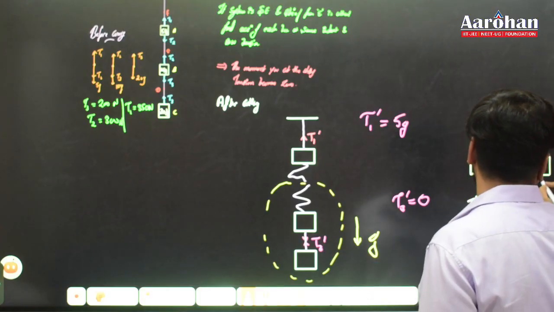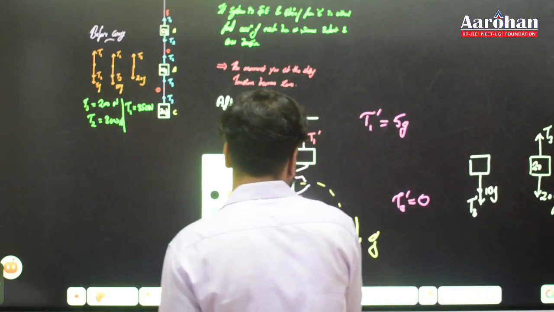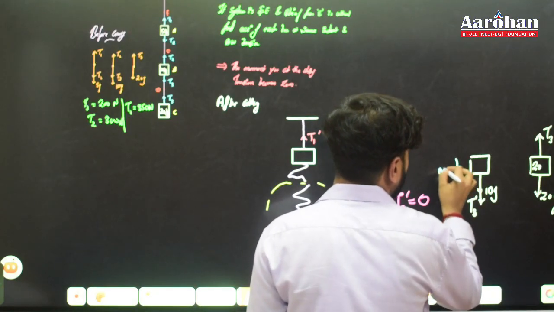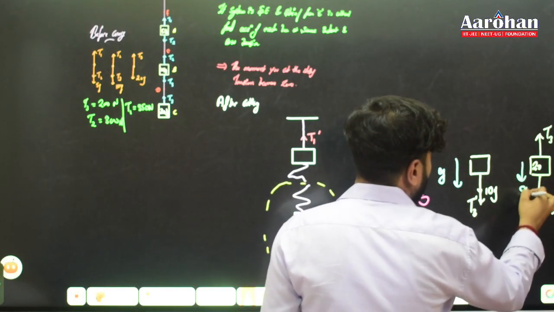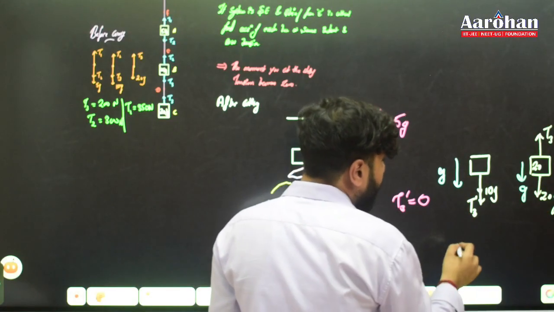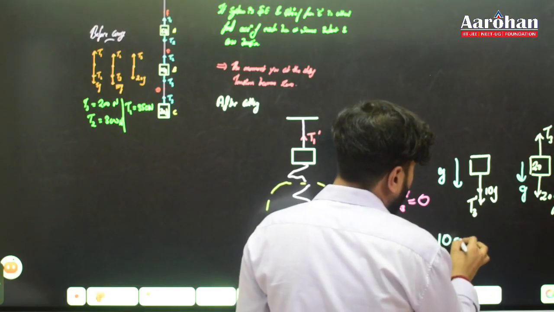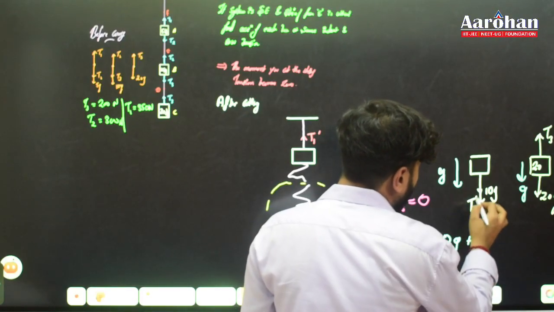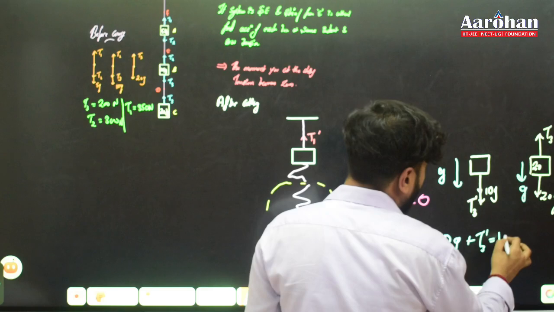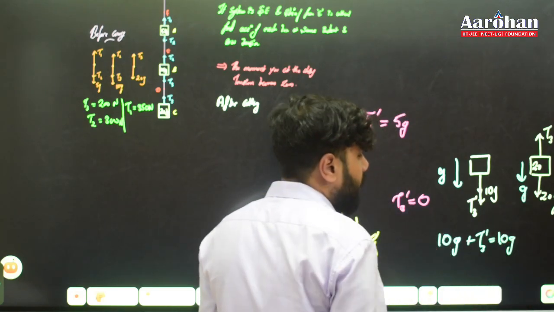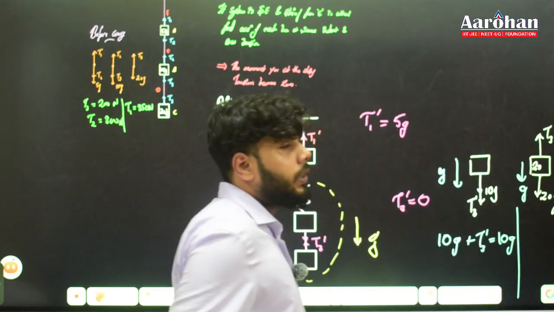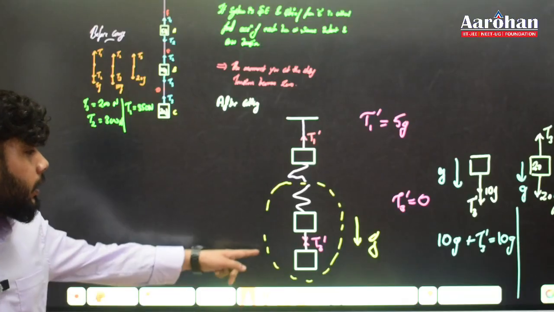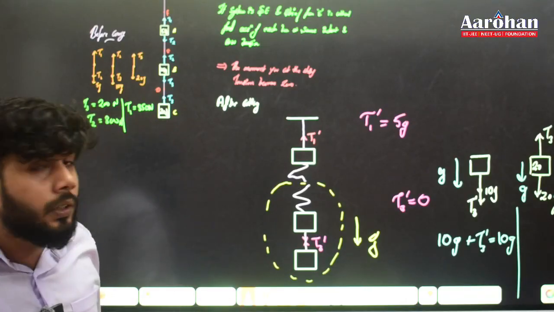You can see 20G here also, and we know their acceleration is going to be G. So if the acceleration is G, then 10G plus T3 dash must be equal to 10G. That means T3 dash should be 0. The same we can do for the other one, so the tension in between the boxes will also be 0.